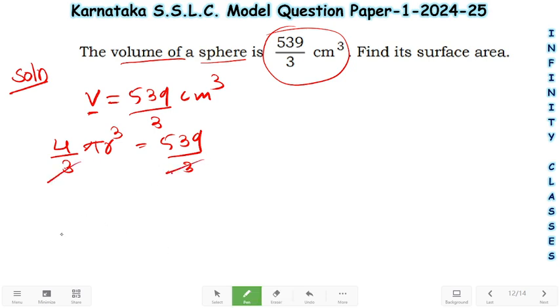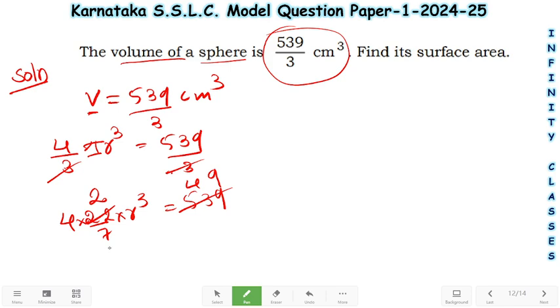Then r cube is equal to, that is 4 as it is, pi means 22/7, into r cube is equal to 539. Now 11 2s are 22, 11 4s are 44, 11 9s are 99.